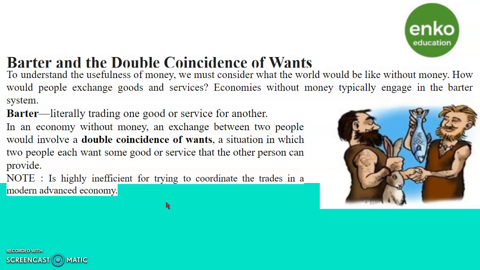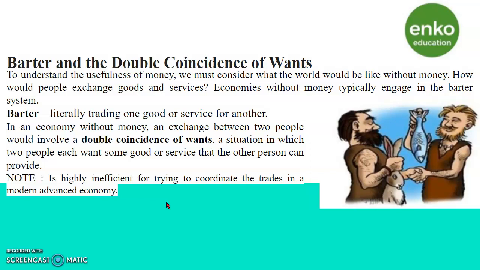In an economy without money, an exchange between people would involve the double coincidence of wants. What is the double coincidence of wants? It's a situation in which two people each want some good or service that the other person can provide.